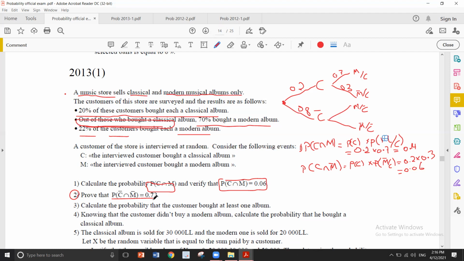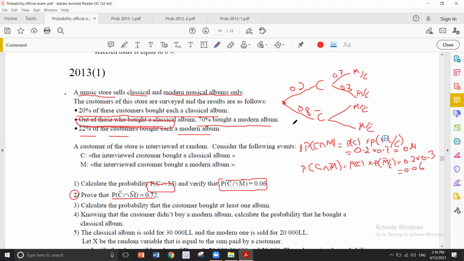Now we use this 22%. We have 22% modern album, so 22 under gives 78, meaning 0.78. No, this is not out of those. 22% of the customers bought a modern album, of all the customers, not of the not classical.